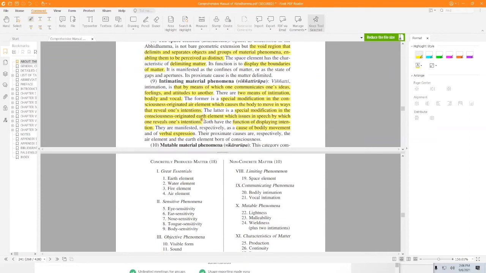That is verbal intimation or vocal intimation. So it displays intention either by bodily movement or by verbal expression. So we have two types of communicating or intimating material phenomena.